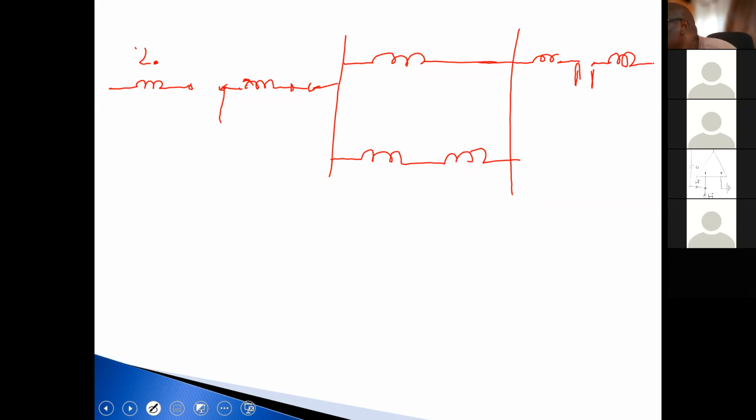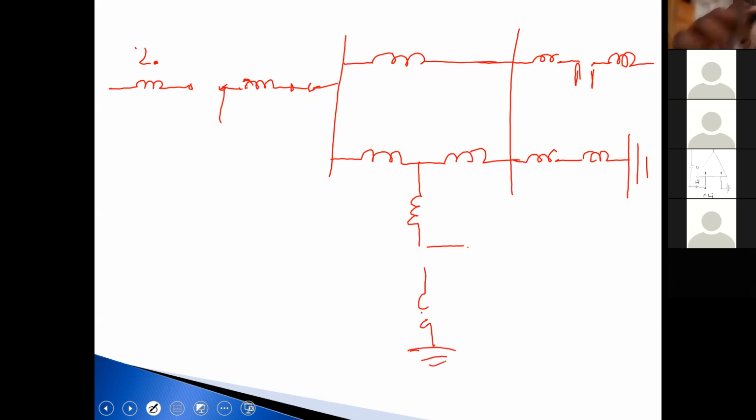For the transformer at the bottom, A would be closed on either side because you have grounded star on either side. And then your generator. All right? And then down here, you have grounded star, then delta, and then your generator. So you'd have an open circuit here.